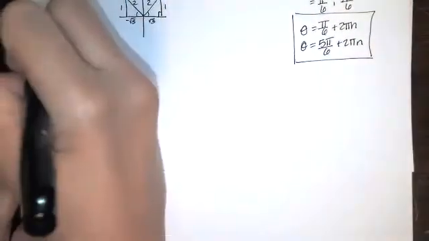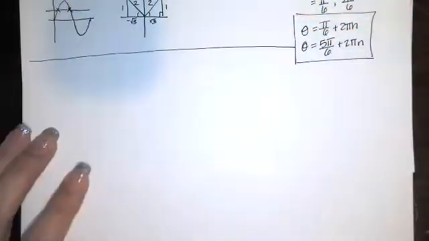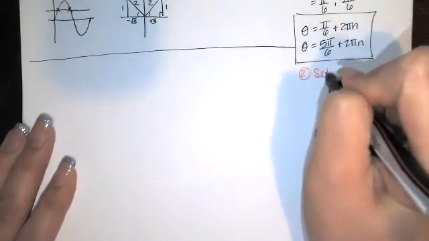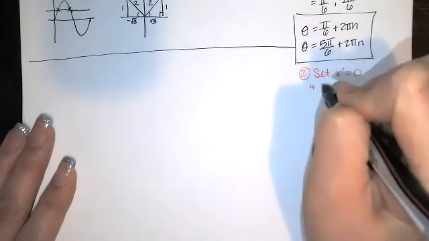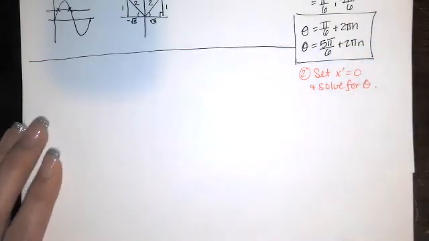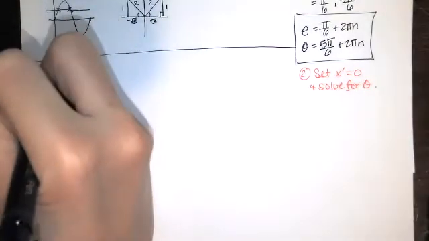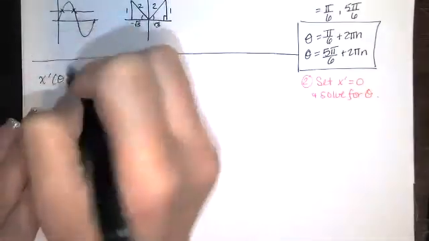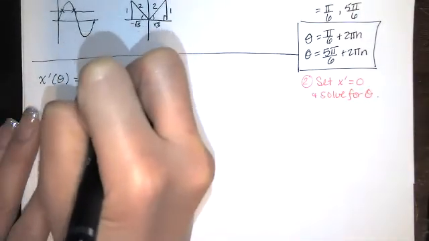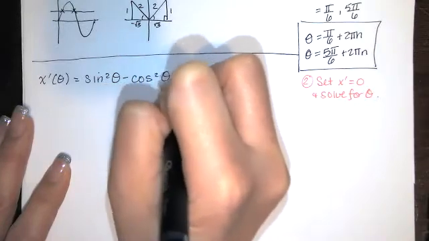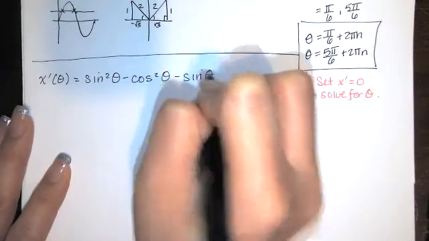Okay, now let's look at x prime. So x prime was this. We have sine squared minus cosine squared minus sine of theta.